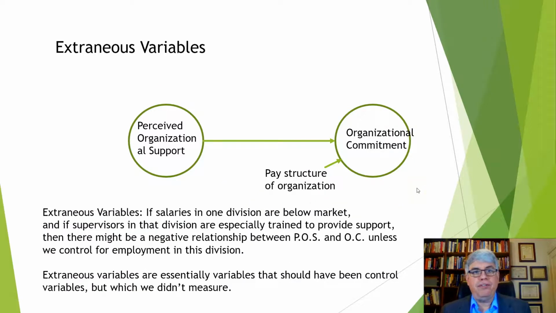Now, there's also what's known as extraneous variables. And extraneous variables are essentially variables that should have been control variables, but we didn't measure them, so we can't actually control for them. So look at our relationship between perceived organizational support and organizational commitment. If we collect data on it, it's possible we might get a negative correlation. What might be happening there?